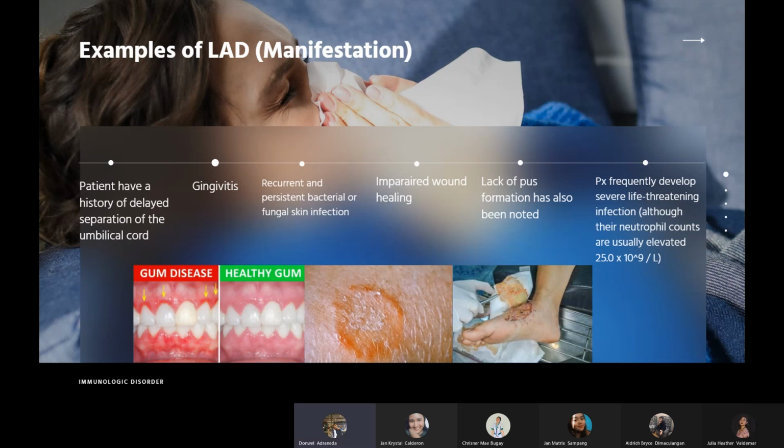As we can see in the second image, impaired wound healing. The third image, then fourth is lack of pus formation has also been noted. And last is the patient develops severe life-threatening infection. Sabi nga rin dito, although their neutrophil counts are usually elevated, kumbaga hindi pa rin nagbabari. Next slide, please.